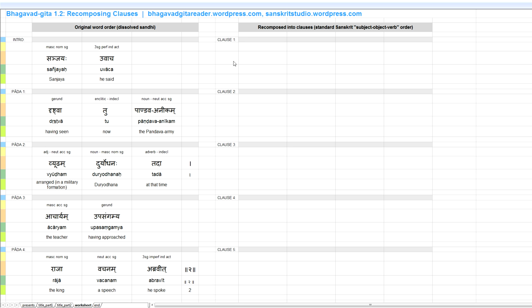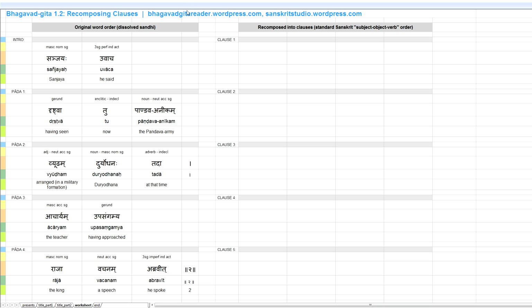We have potentially 5 empty clauses here that we might want to fill in, and we're going to use these colors on the left hand side to try to identify the exact clause, and then we will reassemble them in a standard Sanskrit subject object verb order.